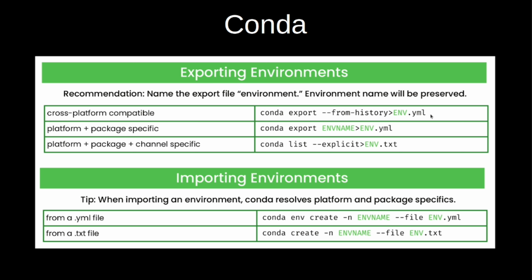Our environment.yaml will only contain the names of the packages, but not the builds of those packages or the channels where those packages should be imported from. But depending on your scenario, maybe you would have to choose another, more restrictive export file.